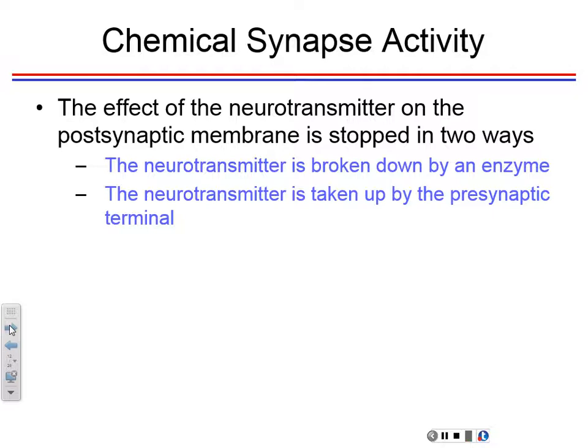The presynaptic membrane can reuptake the neurotransmitter by endocytosis, and then you stop the whole thing. Okay? Or, like we showed last time, with acetylcholinesterase on the motor end plate, there will be an enzyme that can break down that neurotransmitter at that synapse. So you could break it down, you see?